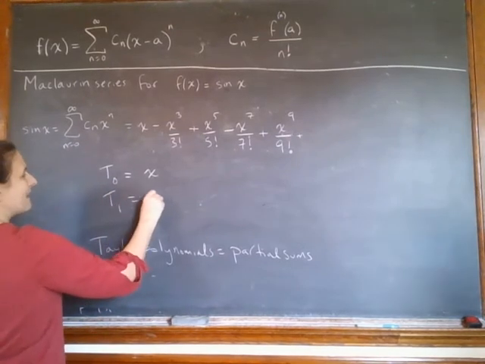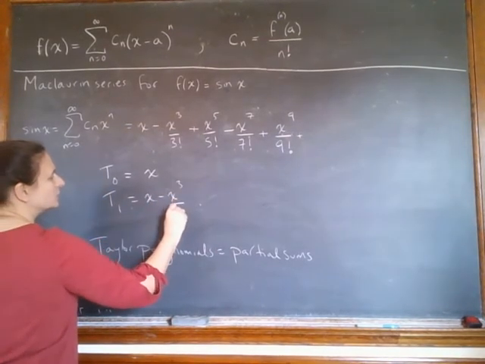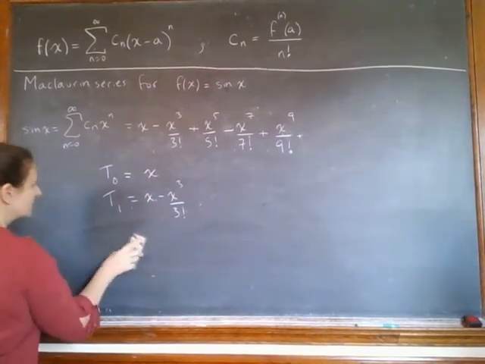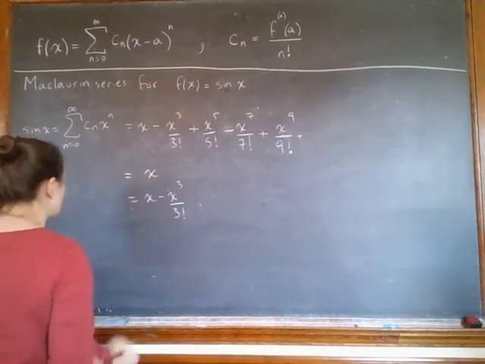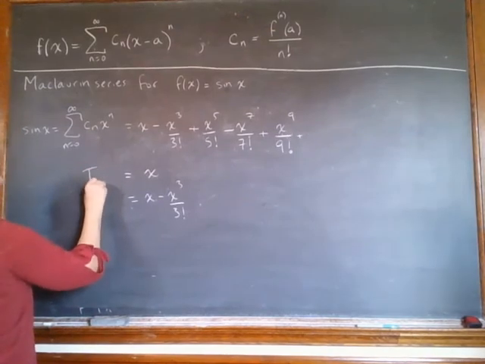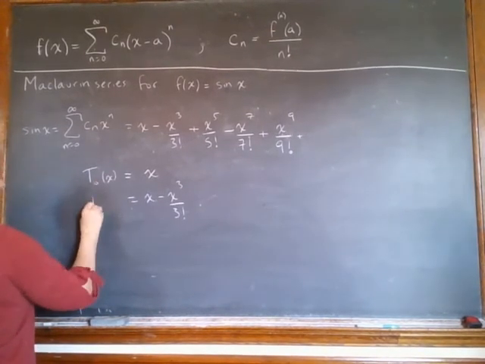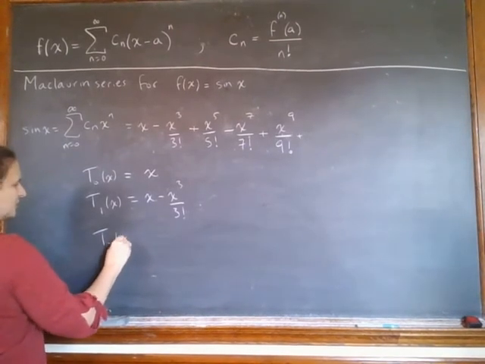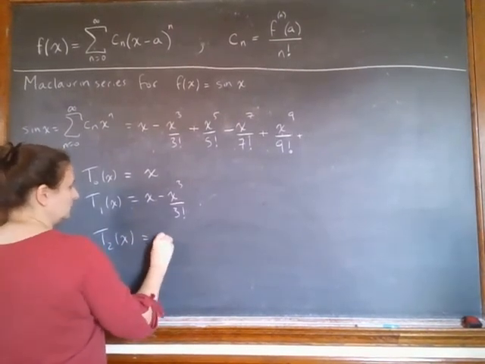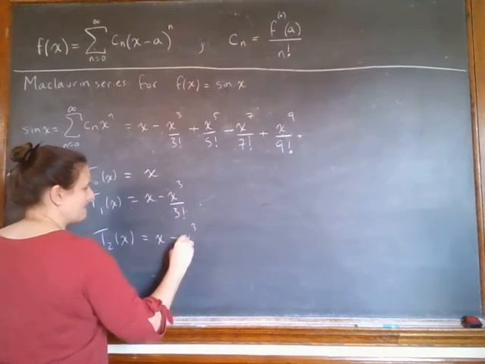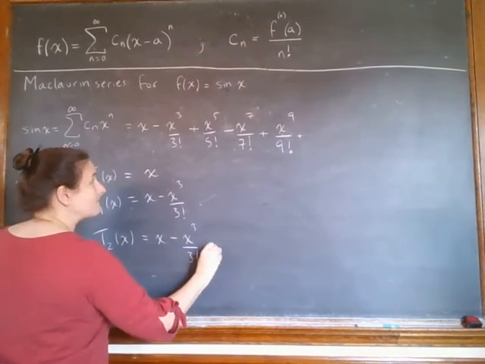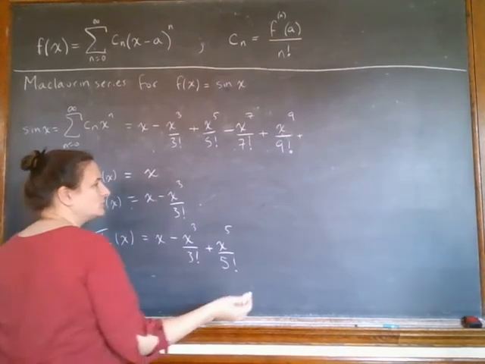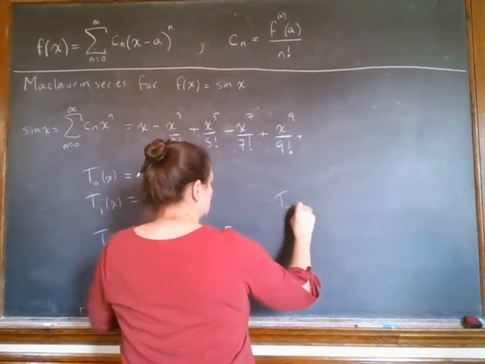T1 would be x minus x cubed over 3 factorial, this sort of thing, okay? So these are, remember, actually polynomials, right? Here's the linear, and here's T2 of x, which would take us up to n equals 2. So these are just called the Taylor polynomials.